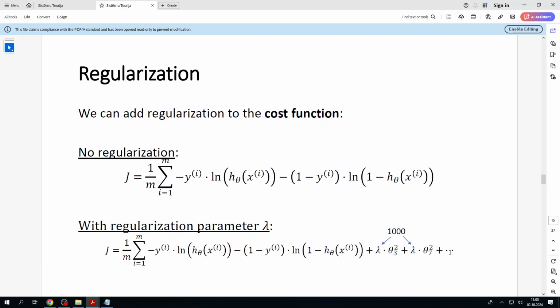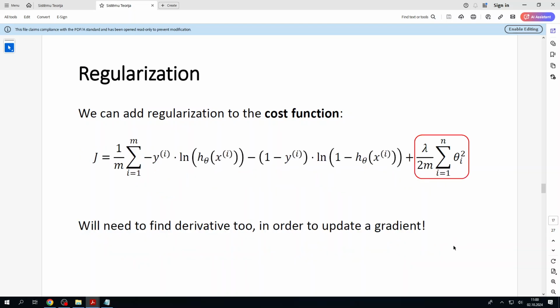Also, squaring small numbers makes them even smaller, yes? So if we have 0.1, 0.1 squared is 0.01, yes? So it will then prefer them to be smaller rather than larger. And if we do that for all theta parameters, yes, then we can write this as this kind of formula where you have this lambda and this 2m parameter, yes.